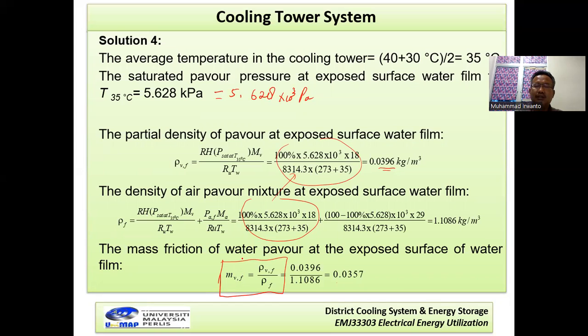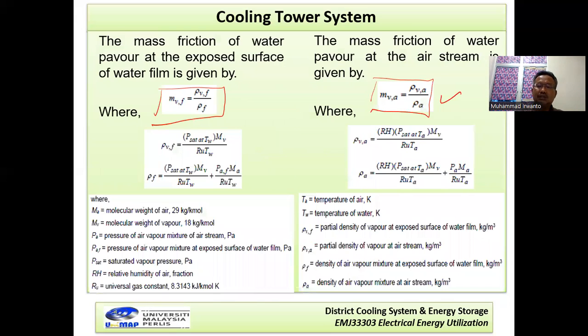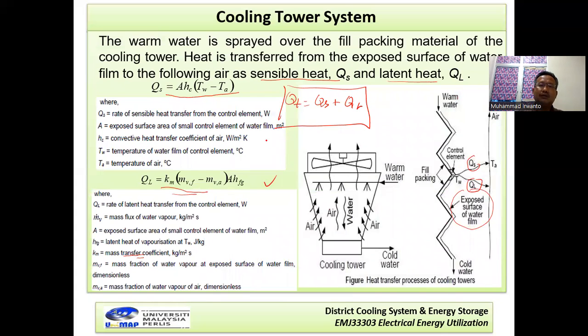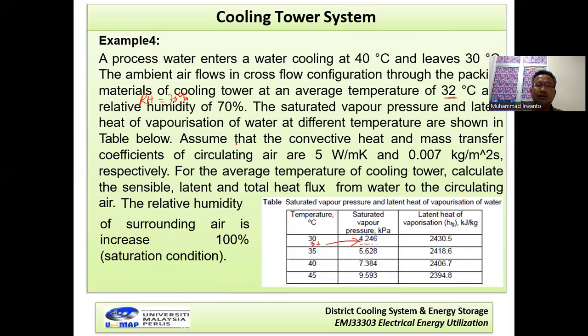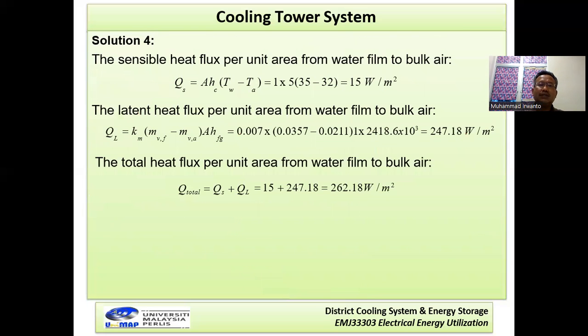Now we can find the latent and sensible heat by using these two formulations. The sensible heat is given by A times HC multiplied by TW minus TA.